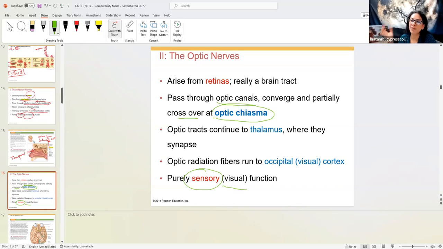Because if you remember, the thalamus is our relay station. Except for olfactory information, all the sensory information coming from all parts of the body should first go to the thalamus, and the thalamus is responsible for distributing it to the different parts of the cortex.